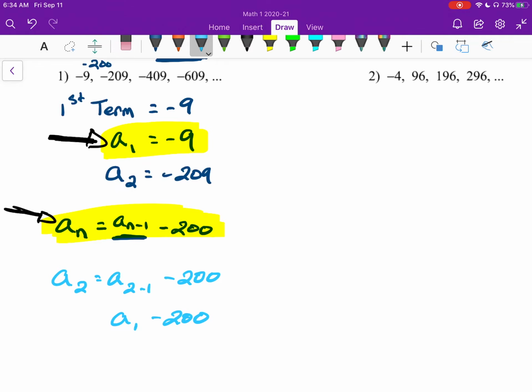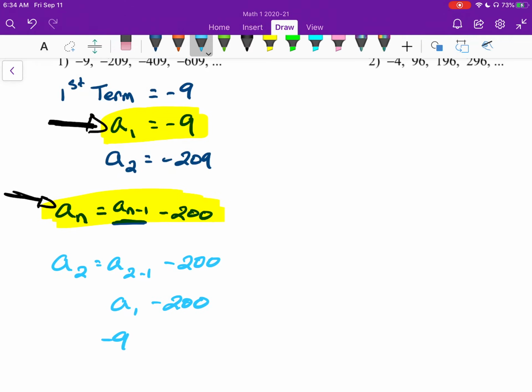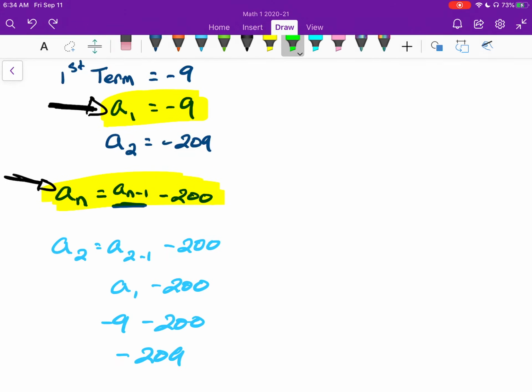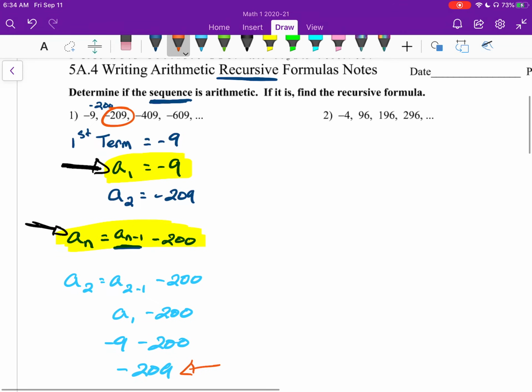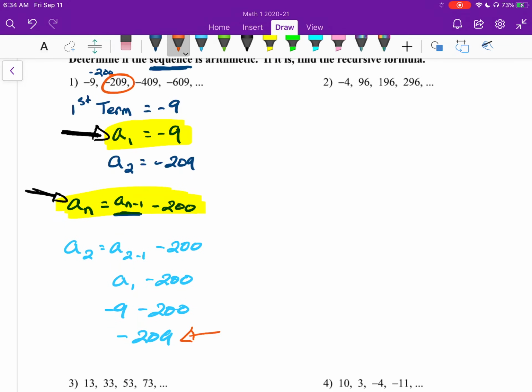And we know A sub 1, well, that's -9 minus 200, which gives me -209. So we kind of see how they came up with these things, right? So here's 209, and then we could also look up here, and there's 209. Now the actual answer to the problem is the highlighted yellow text.